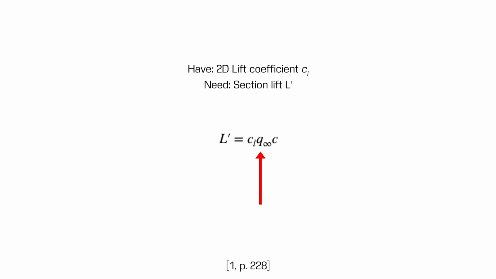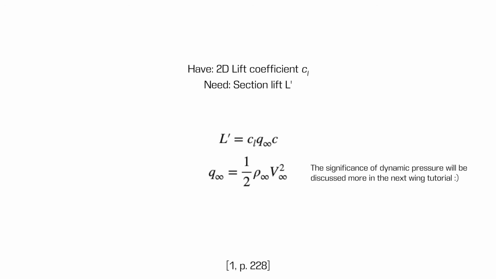Because this expression only gives us the lift coefficient, we still don't have the actual lift generated. To obtain the amount of lift the airfoil generates, we must multiply this coefficient by the dynamic pressure and the airfoil's chord length. The dynamic pressure is a metric obtained by multiplying the product of the free stream velocity squared and the free stream air density by 1/2.